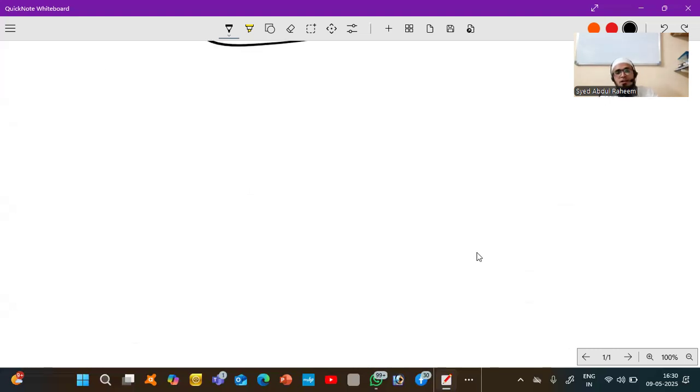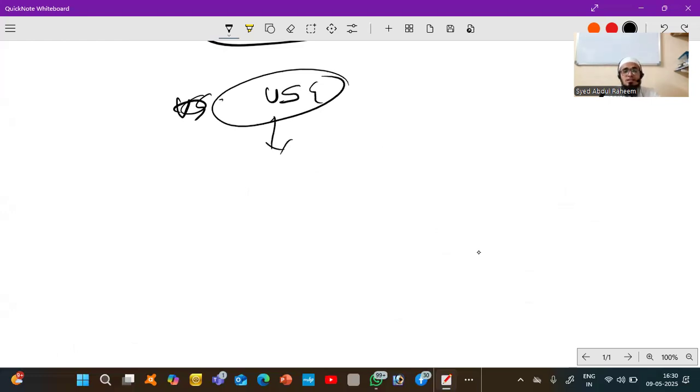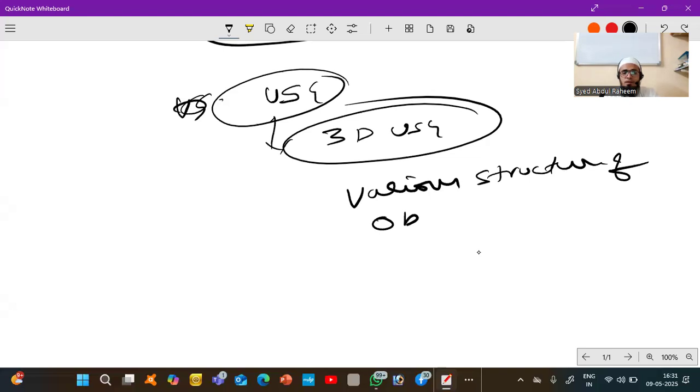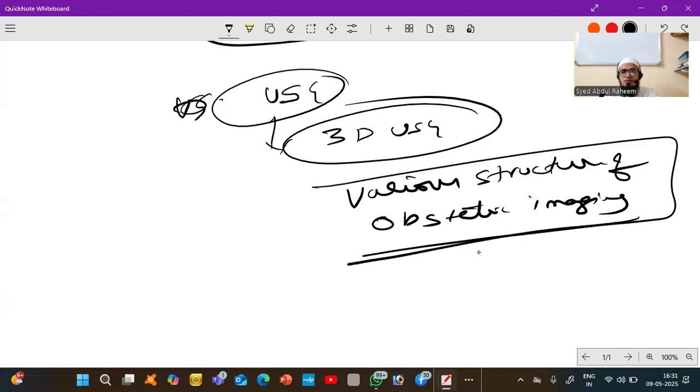And we have another type of USG. Two types of USG appeared recently, well, not so recently. One is 3D USG. 3D USG is mostly used to see the various structures in a colorful manner, mostly obstetric imaging.